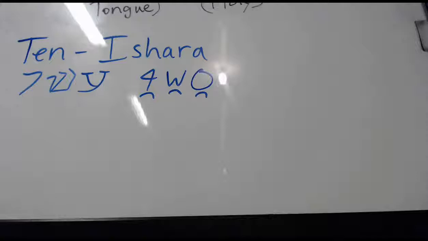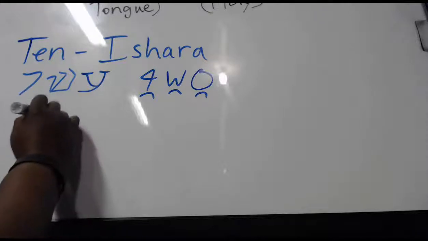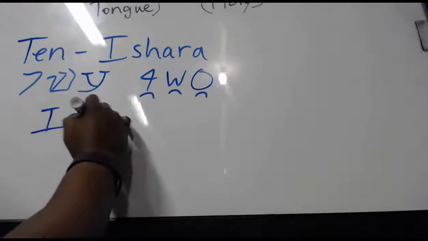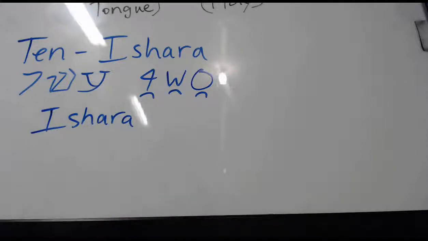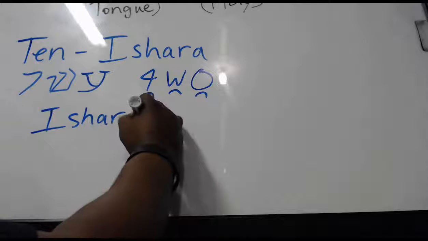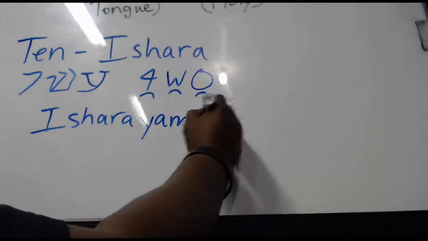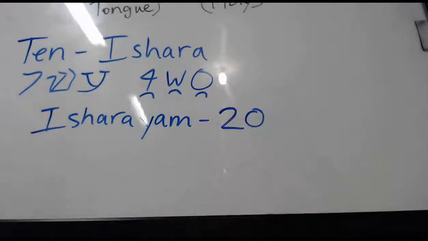if you want to say 20, you would say Aisha Ra Yum. It's 20. Aisha Ra Yum. Okay? It's 20. So it's 10 with a yum at the end of it. Let's say you want to say 30.